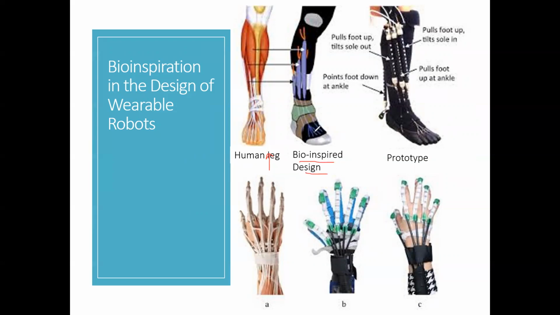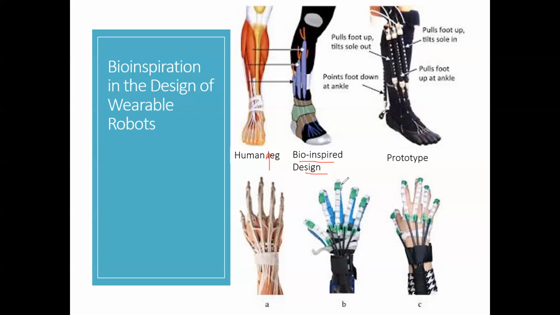So as you can see here, the actuators are located similar to our skeletal muscles. They're special kinds of actuators, and they are placed exactly the way muscles are placed in our human body.